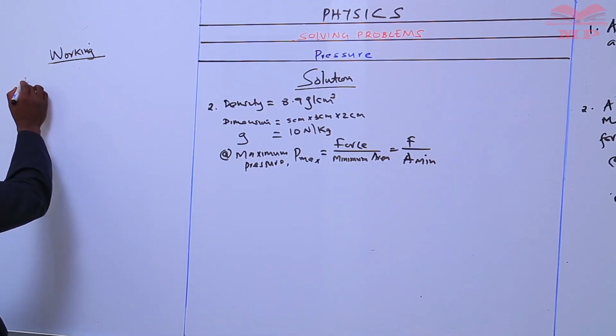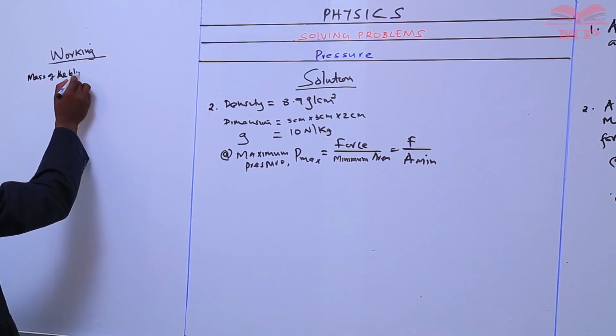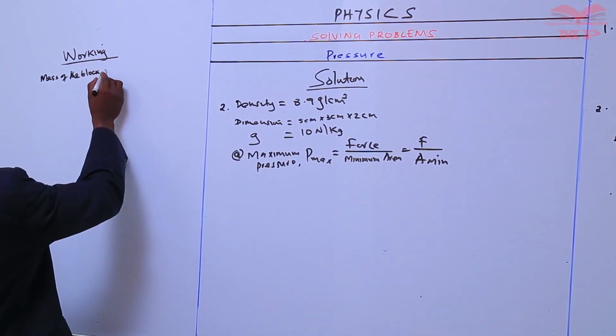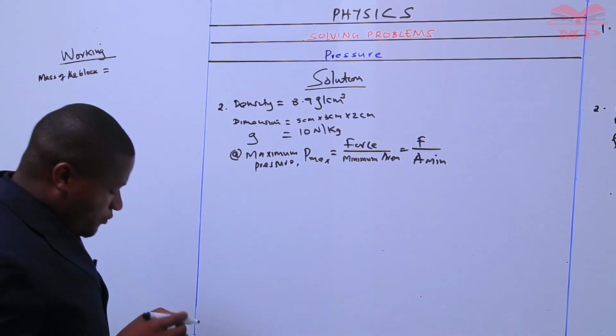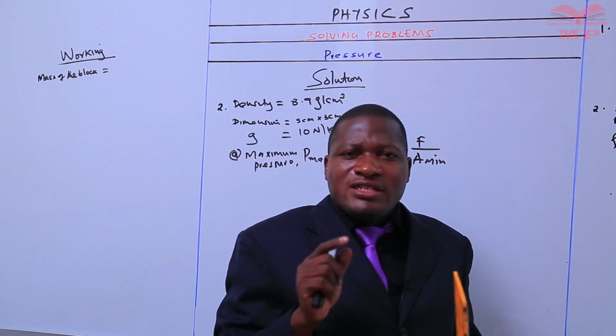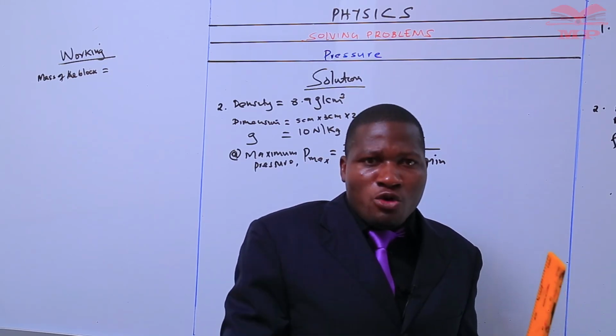So here, if I want to get the mass of the block so that I can get the force, then from measurements, we say that density is mass over volume.